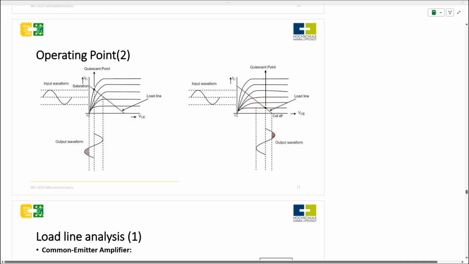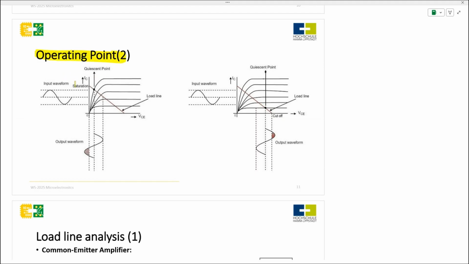So this is our operating point in a graph form. In this part, we'll be talking more about the saturation region, but here we'll be talking more about the cutoff region. In both graphs, we have our VCE, the collector emitter voltage, and the collector current.